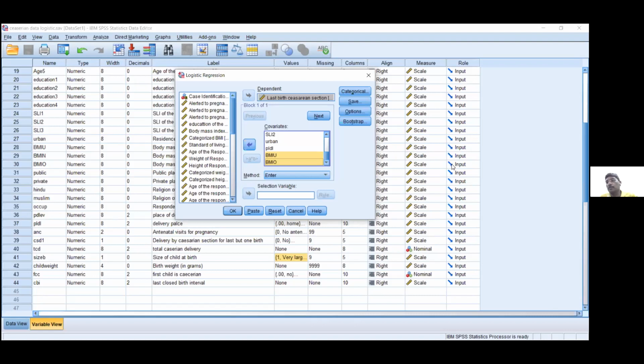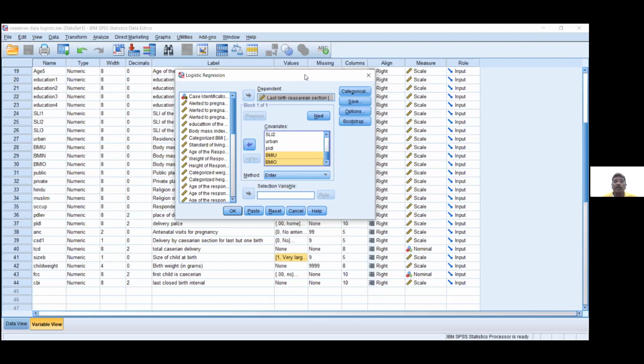Don't believe in this software. The software also makes categorical variables, but there is a problem: you cannot compare with your desired category. It is software, so there is a default way. It compares only the first category and last category. Here I am taking BMI.